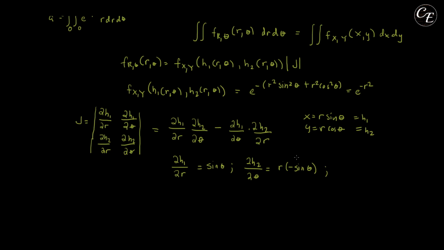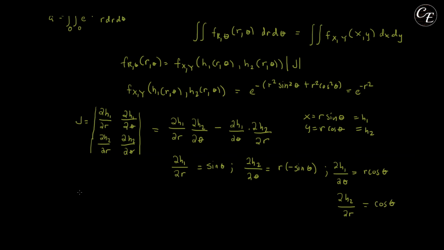Then here, the partial derivative of h1 with respect to theta is, theta will be a variable and r is a constant, so we'll have r cosine theta. And the partial derivative of h2 with respect to r is, in this case r is a variable and theta is a constant, so we will have cosine theta.